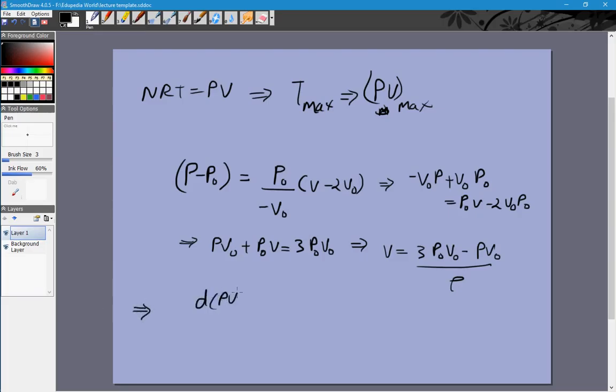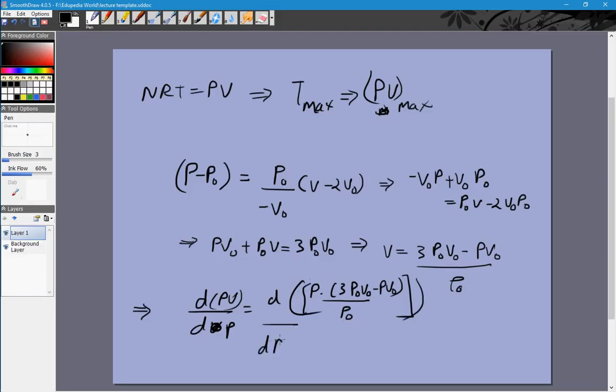So d of PV by dP will be d of P times V, which is 3 P naught V naught minus P V naught by P naught. And we have to differentiate this with respect to P. So we can do that directly.